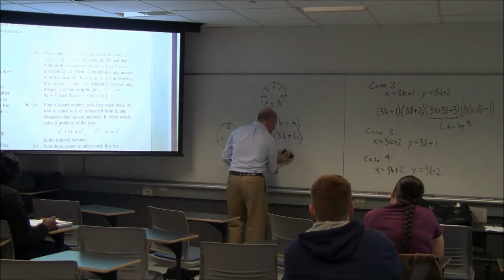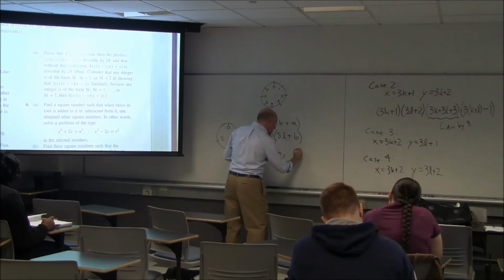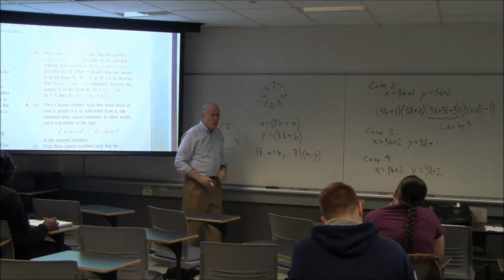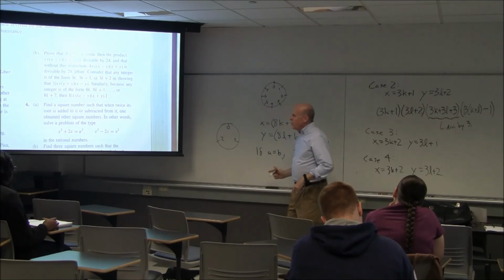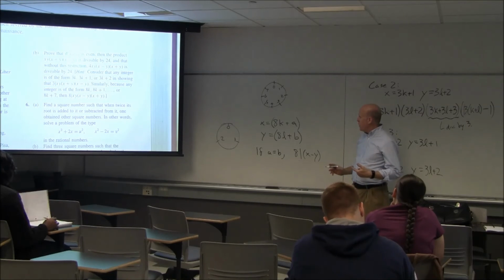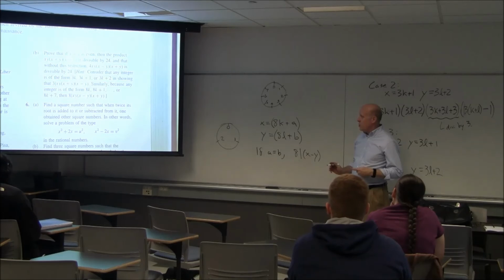Let me write it in a more succinct notation. If A equals B, then 8 divides X minus Y. There's a notion of being a negative of a number in clock arithmetic, and that makes some sense here too.